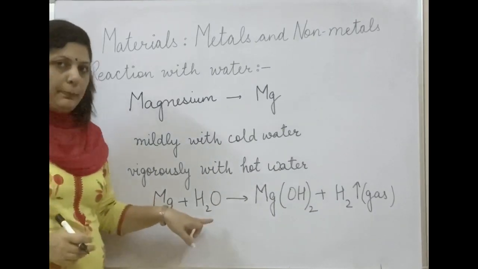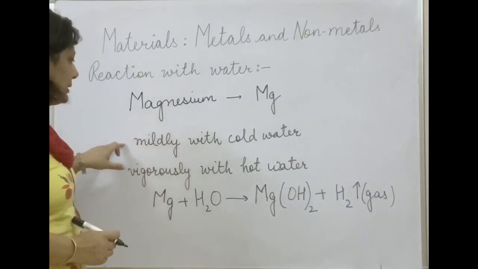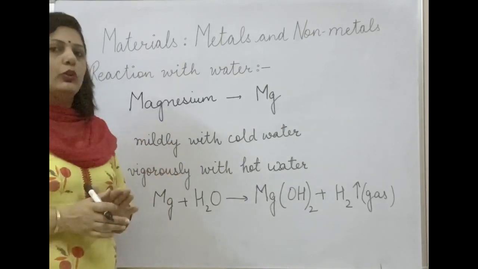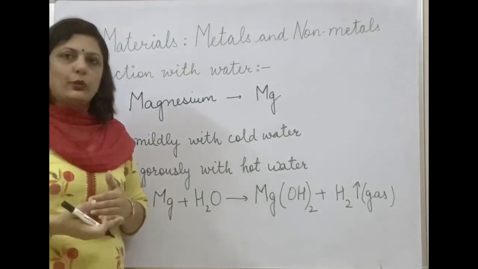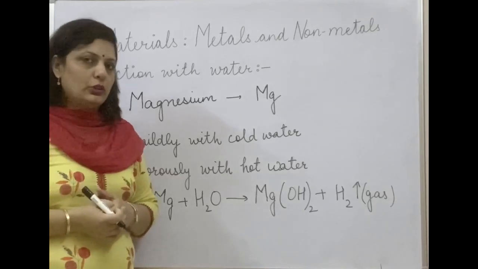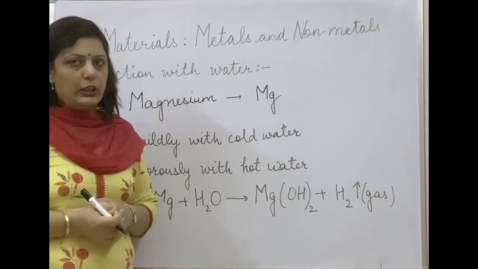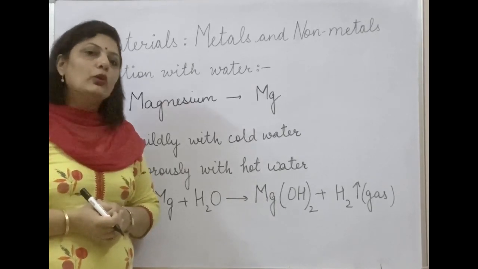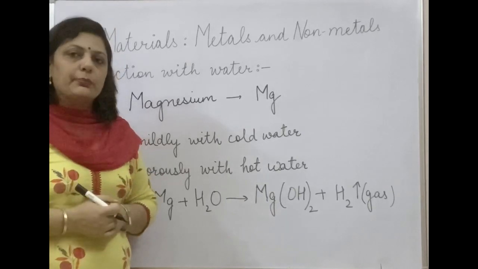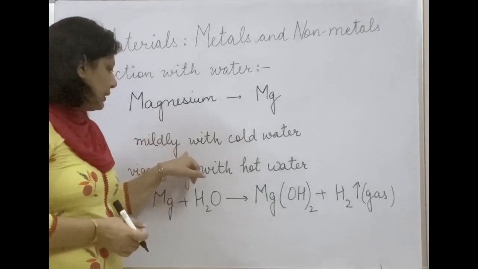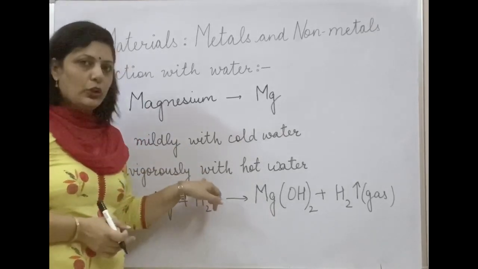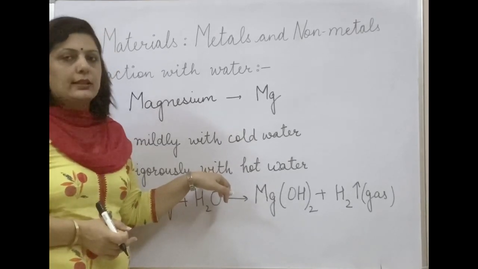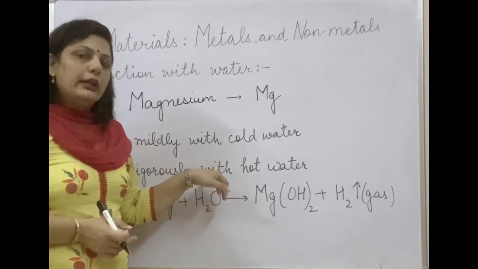You have to keep in mind that when it is reacting with cold water, it will react very mildly. Sometimes if you are testing with litmus paper, you will find that it is showing no result. If you are using a red litmus paper, you will think there is no reaction occurring. It is because of the mild reaction taking place, whereas when you are using hot water, it will show a very good response, and you can easily test that using the litmus paper.